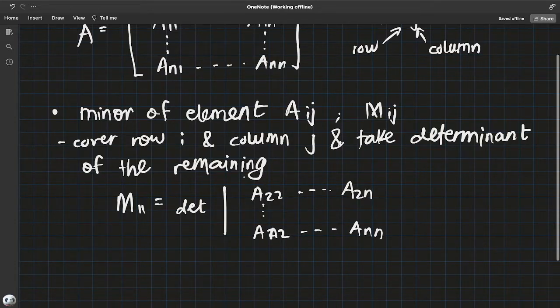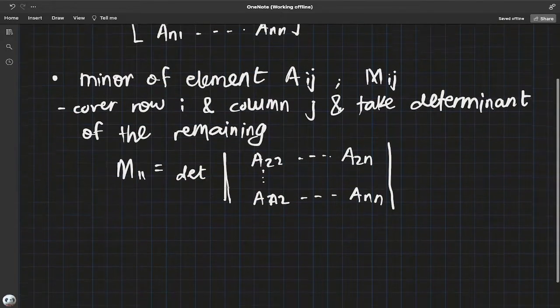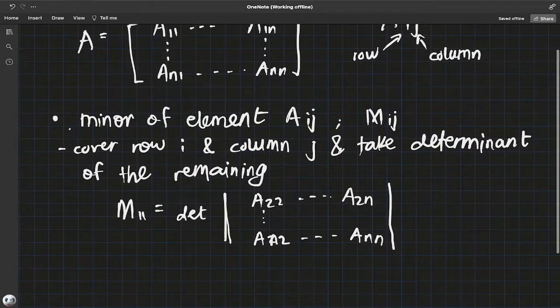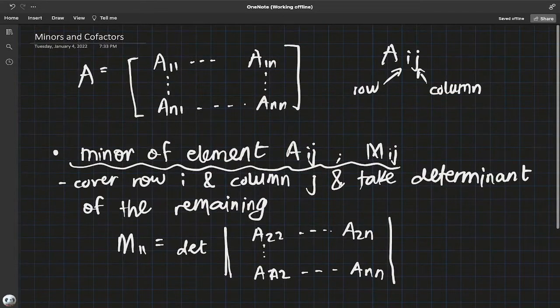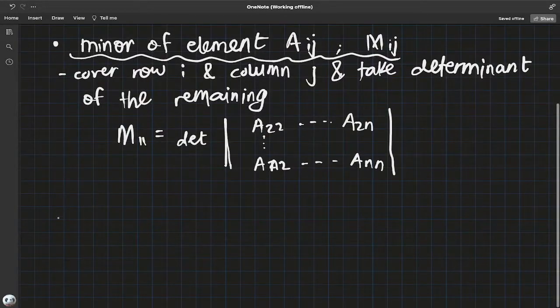The top row and first column, they're gone because we have to cover or sort of not consider them in this determinant. This is the minor of an element of a matrix.